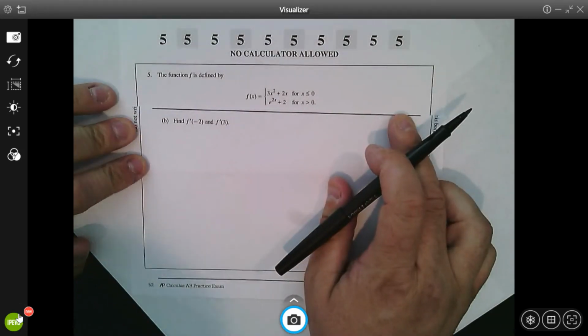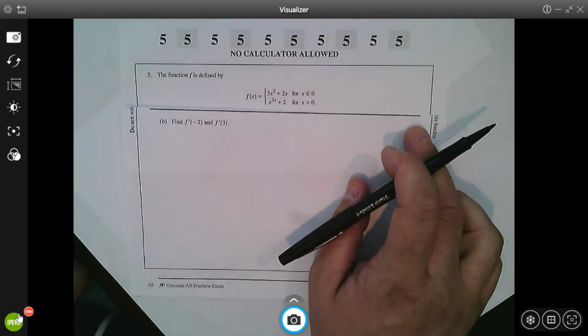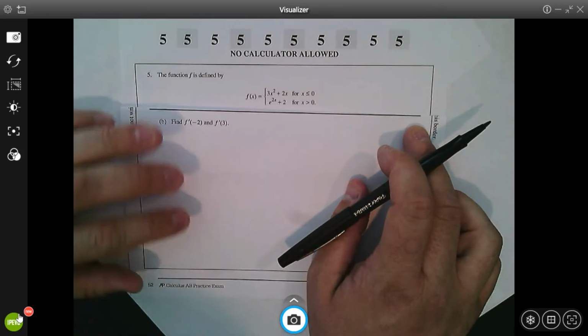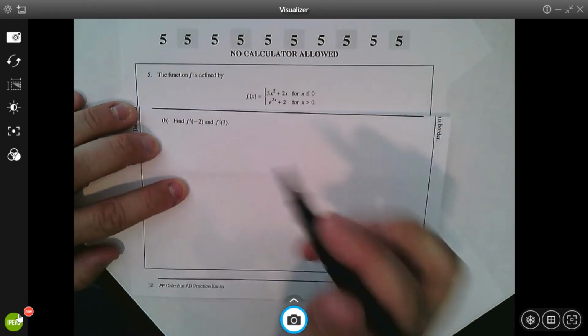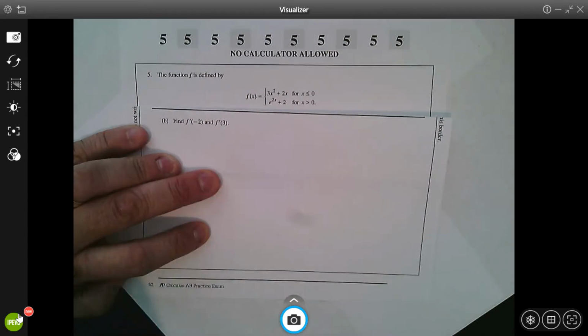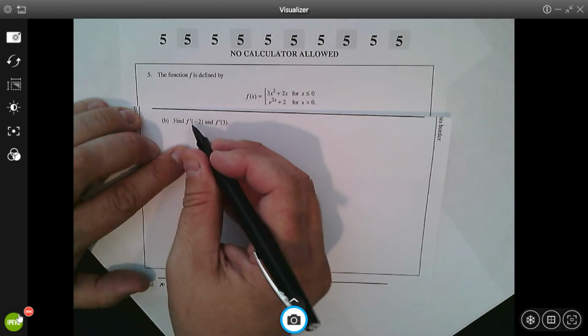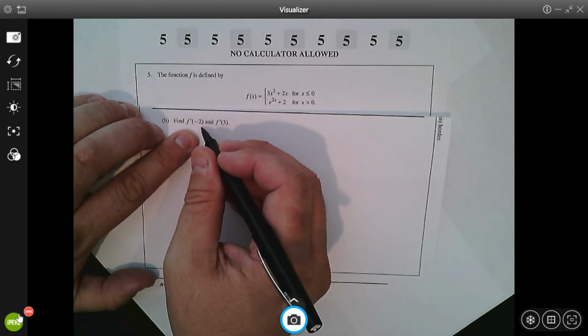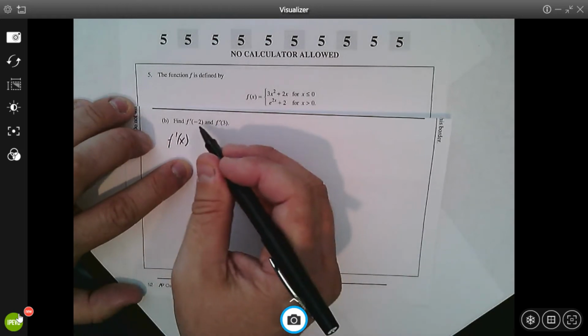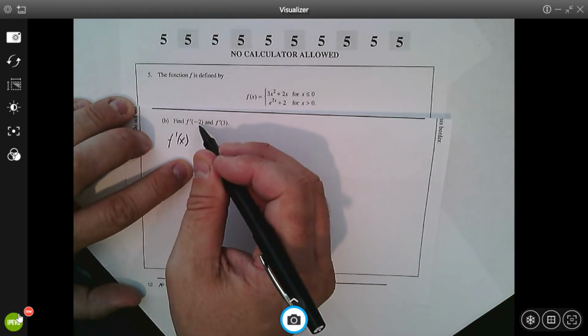All right, let's get back to this. I had a little bit of a technical glitch with the previous filming, so we're going to get back into part B. We're asked to find f prime of -2 and f prime of 3. Well, before we can find f prime of -2, we need to find the derivative of the function for the part that contains -2.